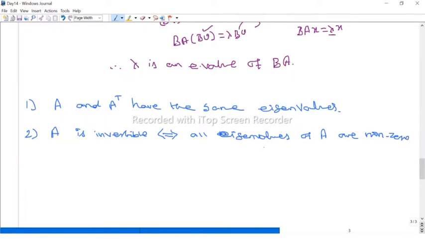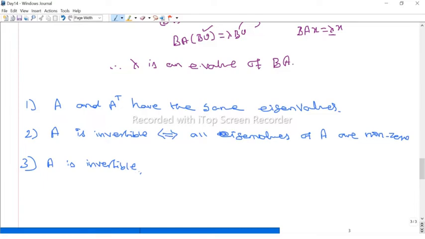Suppose we know the eigenvalues of A; we can easily find the eigenvalues of A inverse. Suppose A is invertible and we know its eigenvalues.